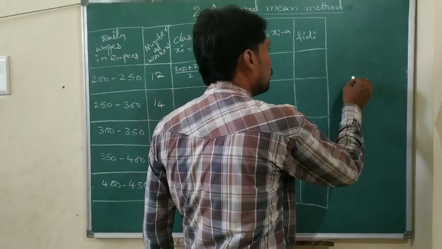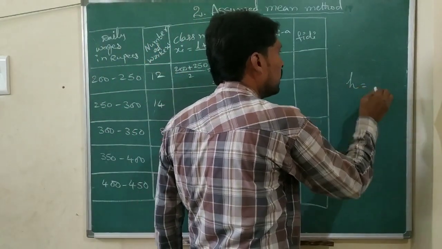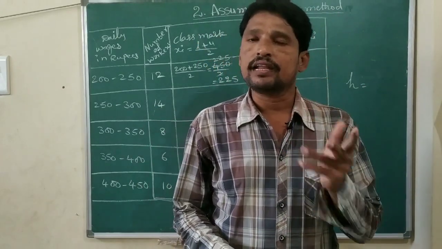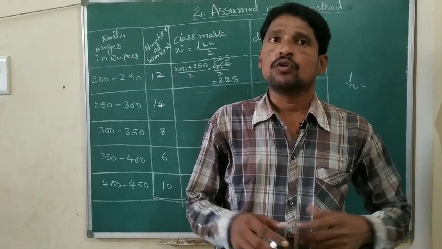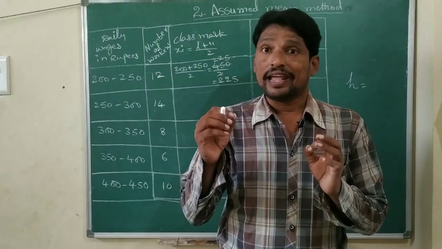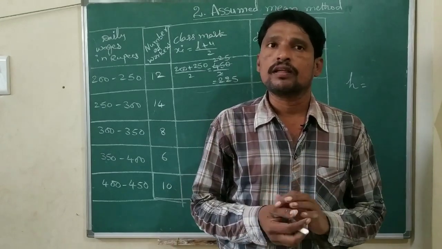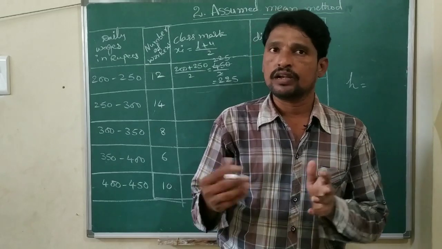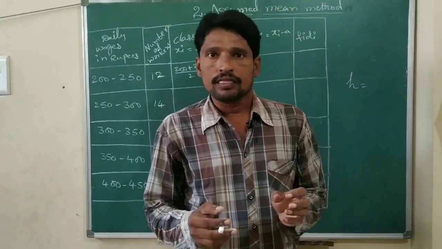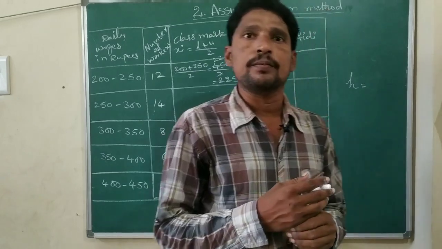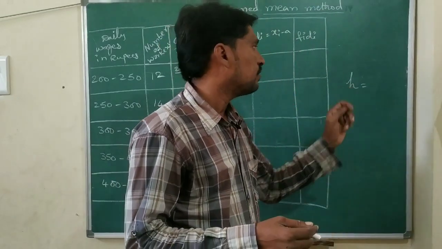First we need to find the h value. What is h? Here h is the height of the class or size of the class. The definition is the difference between any two successive class intervals' lower limits or upper limits is called the height of the class.